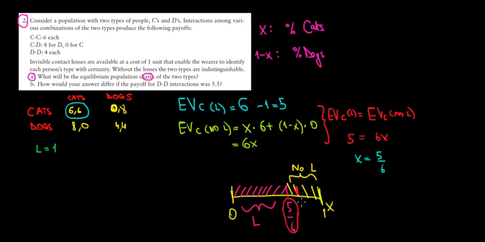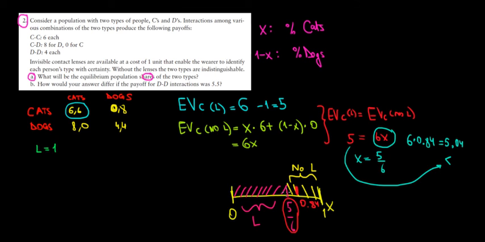So that means 84% cats. Let's solve the math. The expected value of the cats without the lenses, assuming there are 84% of them, would be 6 times 0.84, which is 5.04. So that would be 5.04, and we clearly can see that this is higher than the 5 with the glasses.